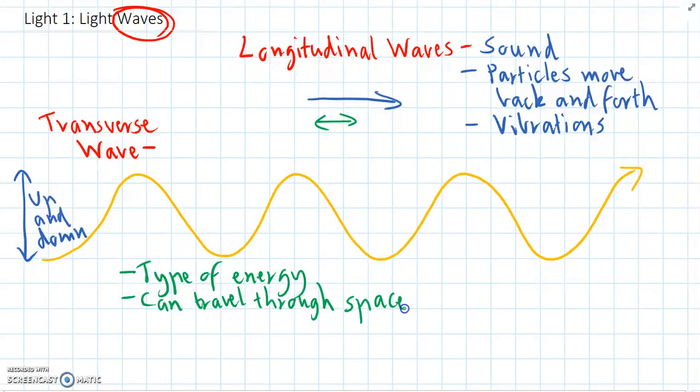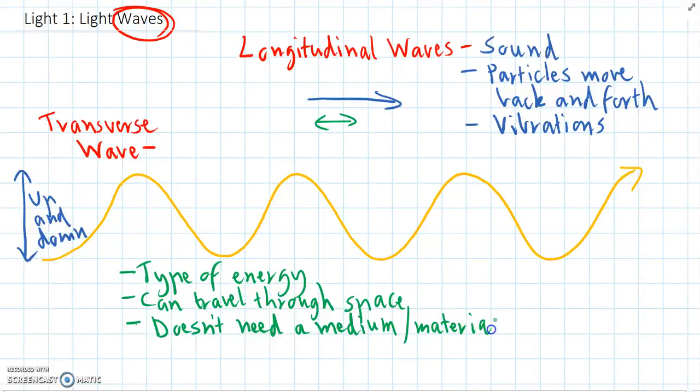So light can travel through space, and that means light doesn't need a medium, or it doesn't need a material to pass through. It can pass through empty space. Just like sunlight, from the sun, it passes through space until it hits the earth.